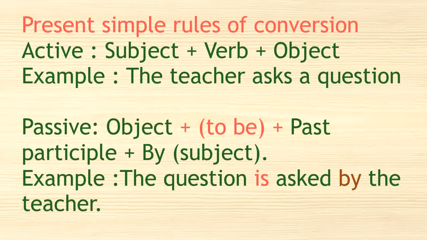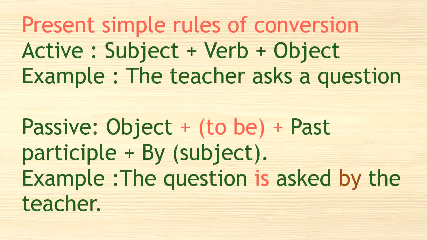So in an overall manner, we look at the main verb in order to transform from the active voice to the passive voice. We look at the main verb in the active voice. Here, for example, the main verb in the active voice is asks. It is in the present simple. Since it is in the present simple, the to be in the passive form will also be in the present simple.